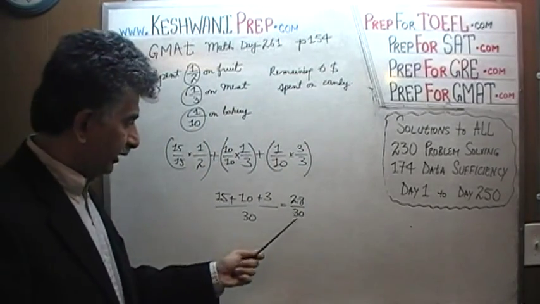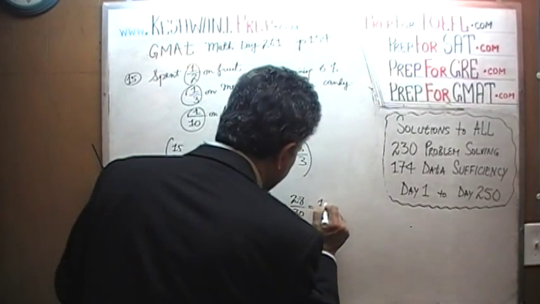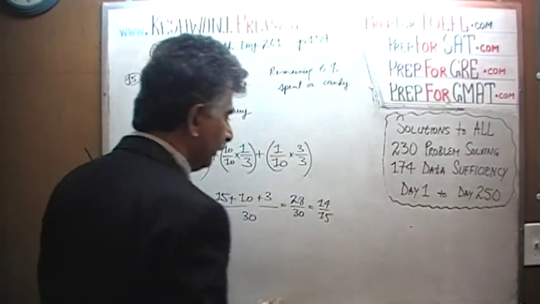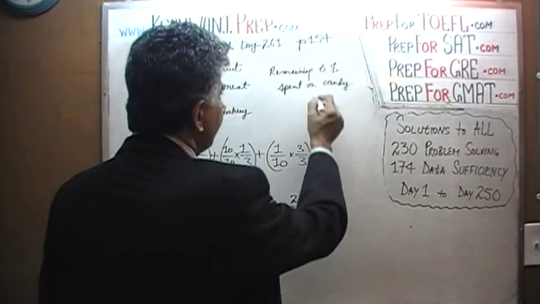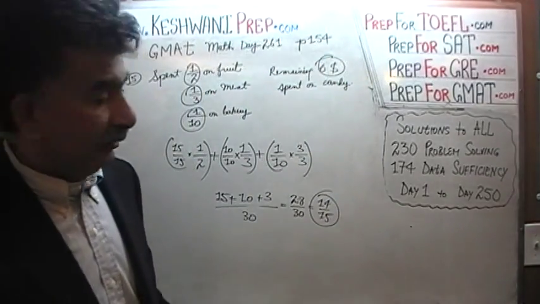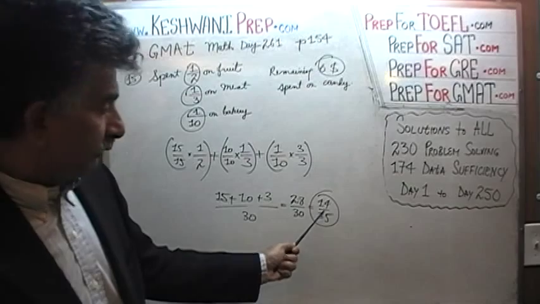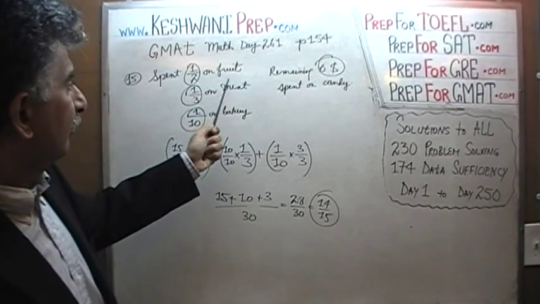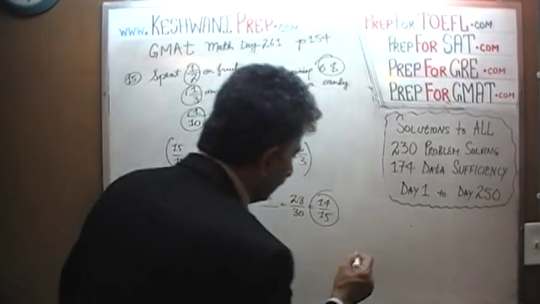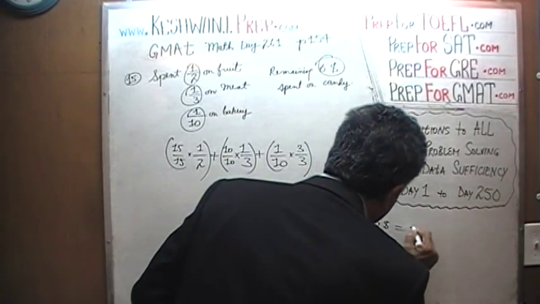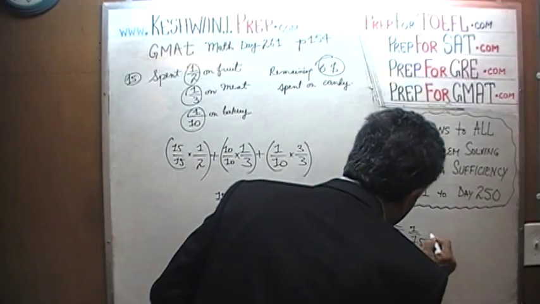And if you reduce 28 over 30, we end up with 14/15. What does this tell us? This tells us that if this is 14/15, then this $6 must represent the remaining 1/15th. 14/15 of the amount is already spent on fruit, meat, and bakery. The $6 must represent 1/15th. $6 represents 1/15th of the amount.